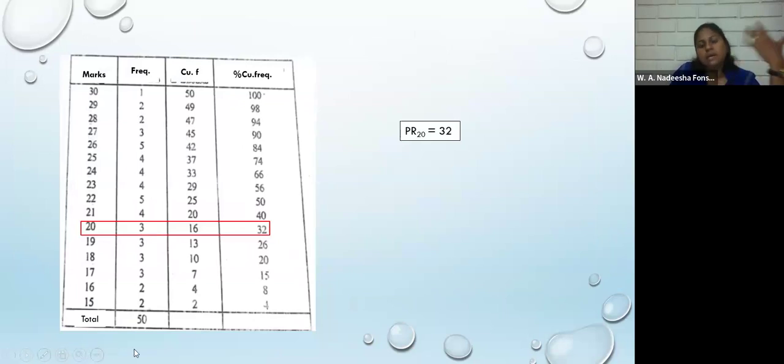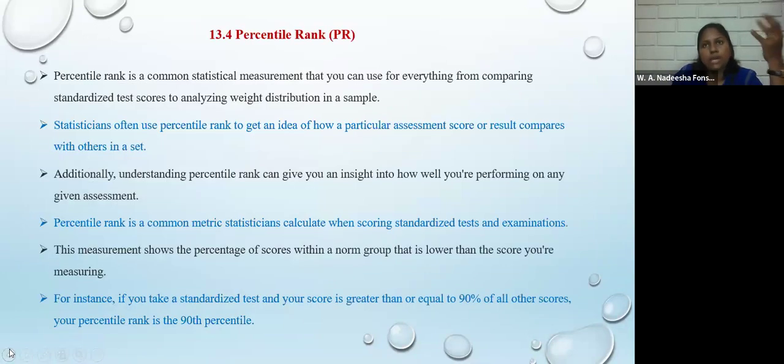We can say that 32% of the students took below 20 marks. Like that, as teachers, we can compare them and take remedies. So percentile rank is a common metric statisticians calculate when scoring standardized tests. It shows the percentage of scores within a norm group. Very good.